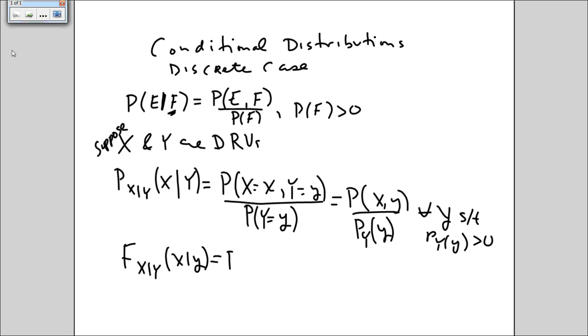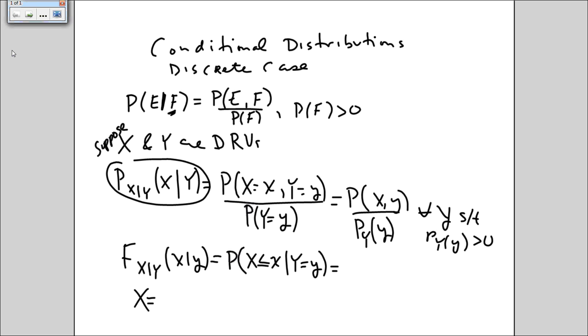Well, it's going to be the probability that X is less than or equal to little x, given that Y equals little y. Now, let's just suppose capital X is discrete.